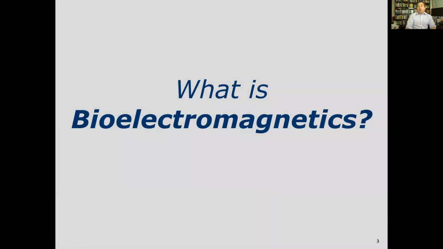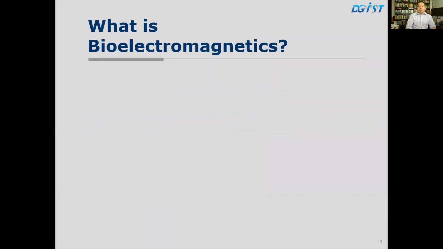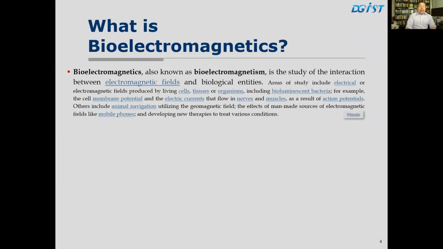So what is bioelectromagnetics? Bioelectromagnetics, also known as bioelectromagnetism, is the study of the interactions between electromagnetic fields and biological entities. Areas of study include electrical or electromagnetic fields produced by living cells, tissues, and organisms, the nerve impulses, bioluminescence, the cell membrane potential, electric currents.